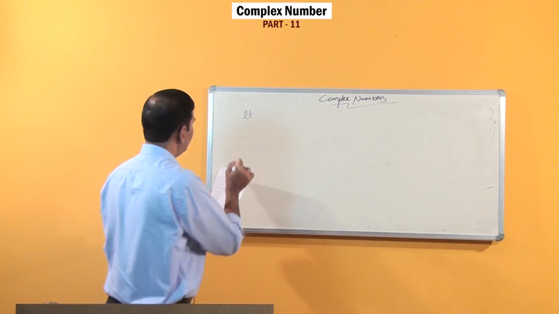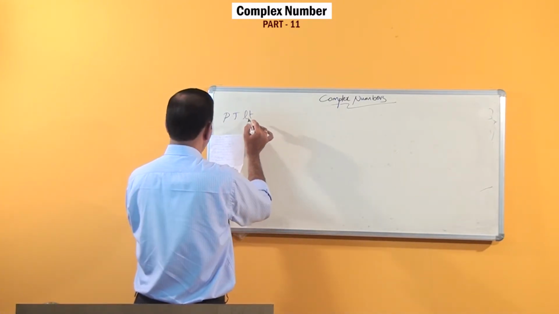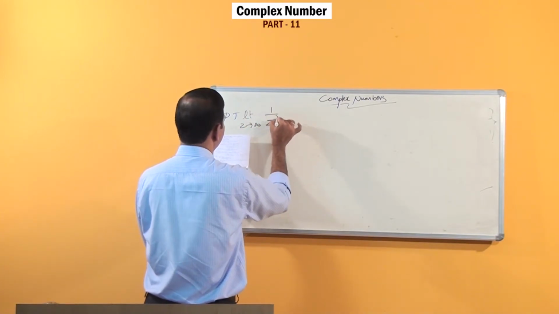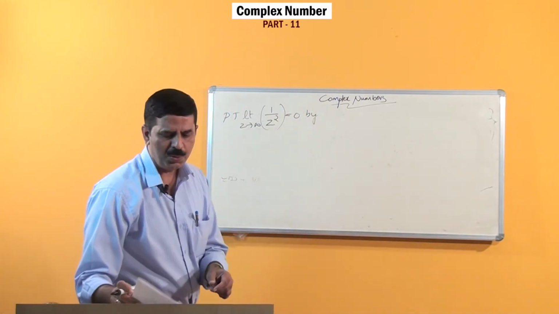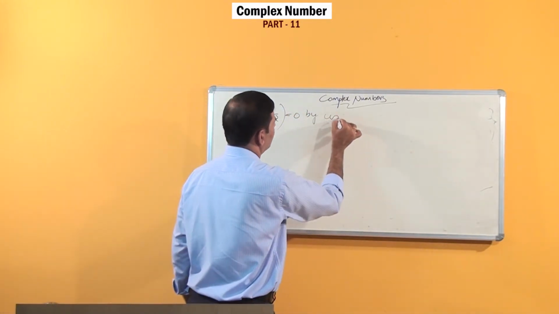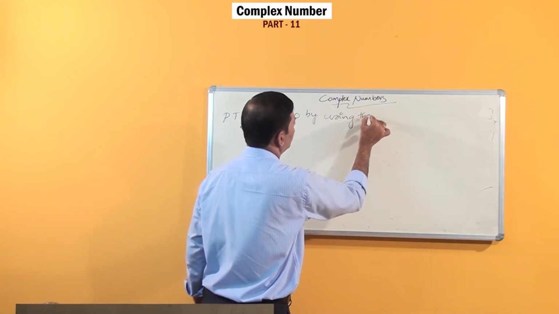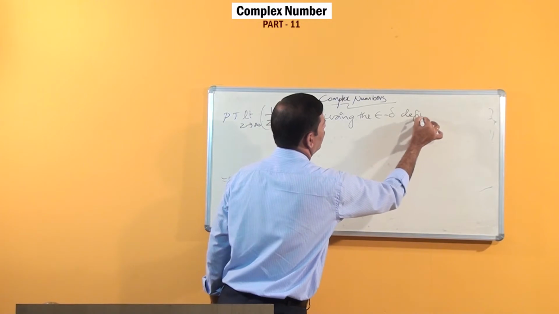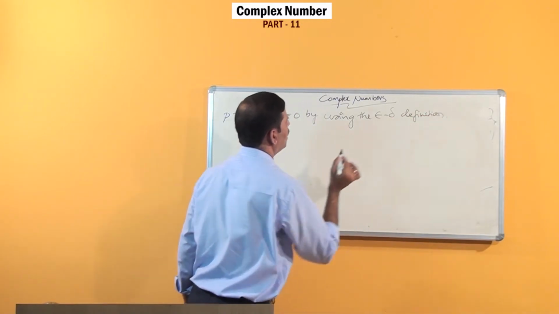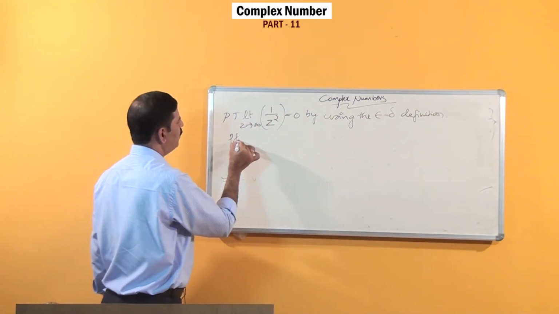Prove that the limit as z tends to infinity of 1 by z square is equal to 0 by using the epsilon delta definition. Now, how do we prove this? Here is the proof.